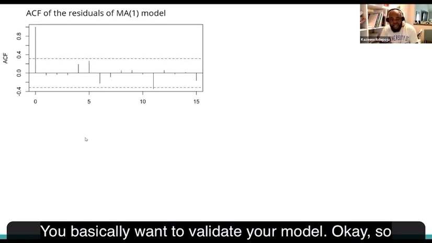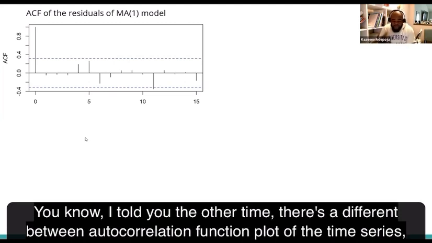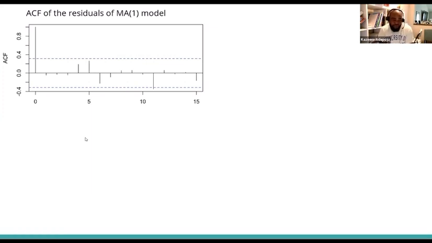So when we're trying to validate, we're going to generate the autocorrelation function plot of the residual. I told you the other time, there's a difference between the autocorrelation function plot of the time series data and that of the residual. The plot for the residual is to investigate whether the residual behaves like white noise. The residual would behave like white noise if the autocorrelation values at different lags all fall within the bounds around 0.